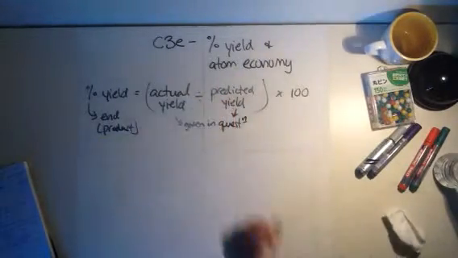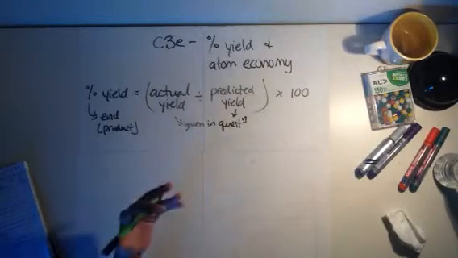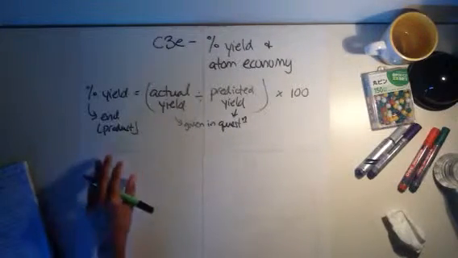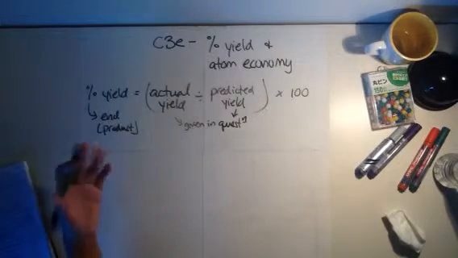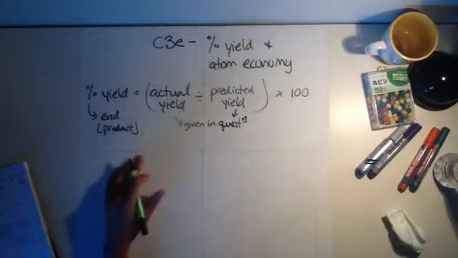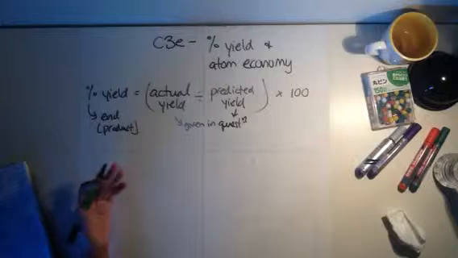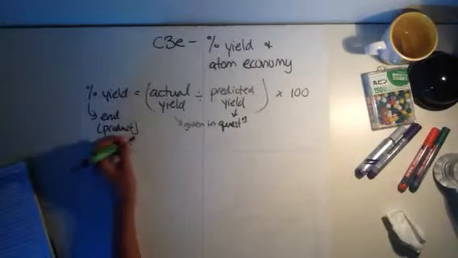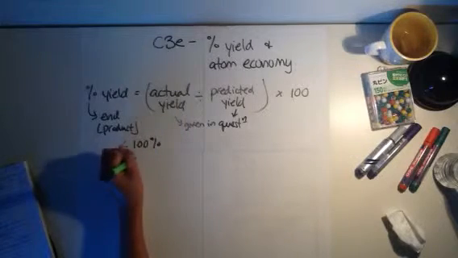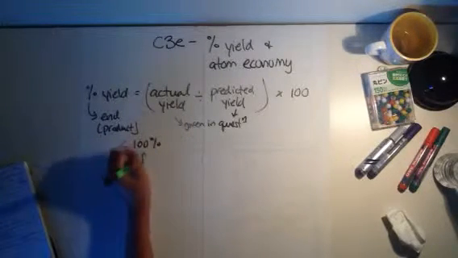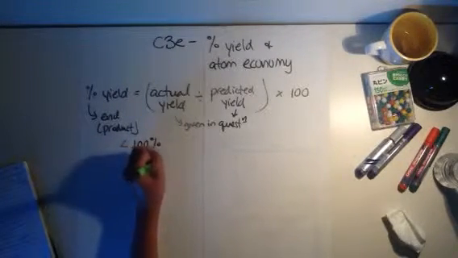And it's fairly straightforward. Now, when you're making any sort of chemical, you're not always going to get 100% yield, or you're not going to get all the product that you want out of the reaction. The reason that you're going to get less than 100% percentage yield is because product is going to be lost. It's going to be lost through filtering.